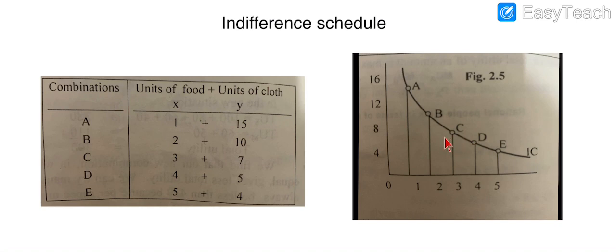It means combinations A, B, C, D, E show the same level of satisfaction. There is no difference between A, B, C, D and E and so on. For example, we have different combinations like this, units of X and units of Y.